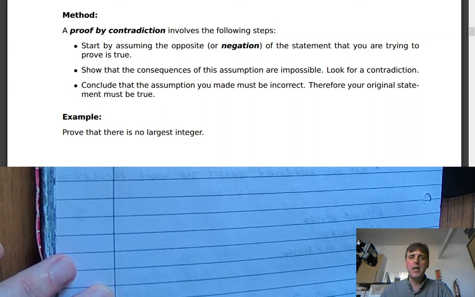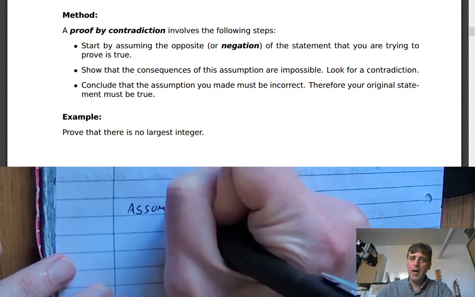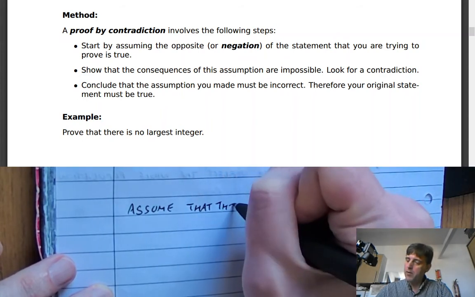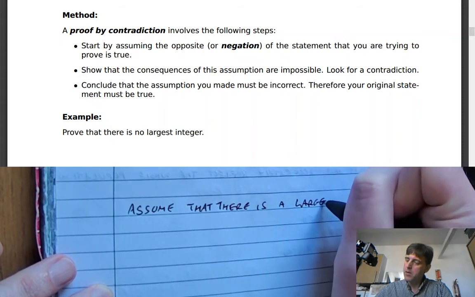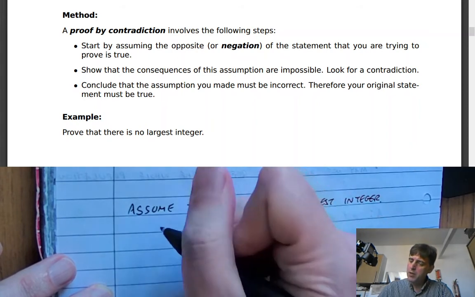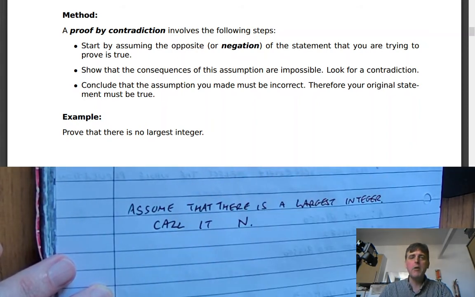Well, the statement says there's no largest integer, so we're going to assume that there is a largest integer. Assume that there is a largest integer. And I'm going to give it a name. Let's call it n.